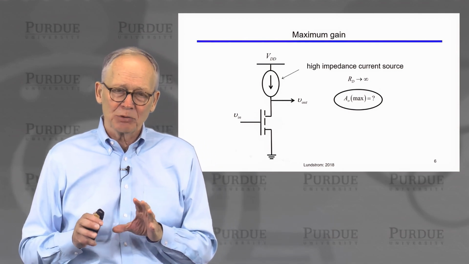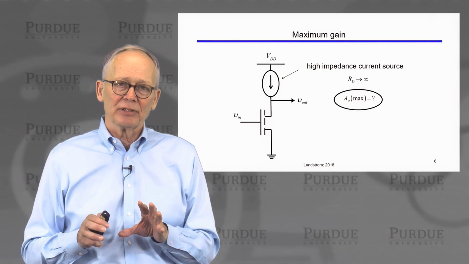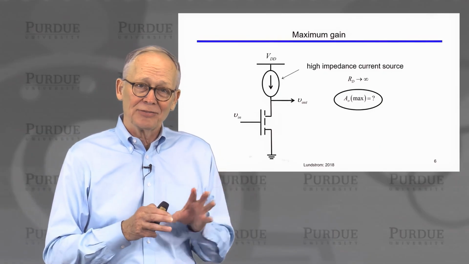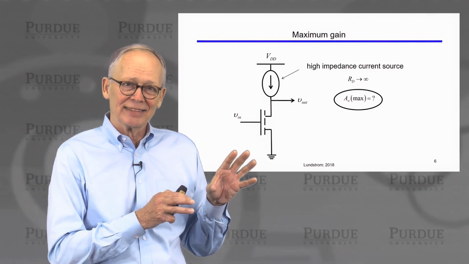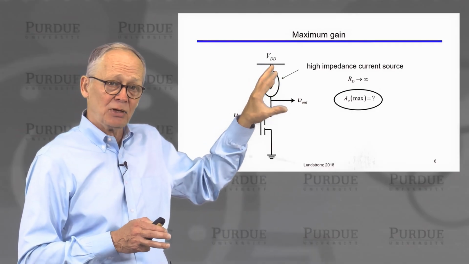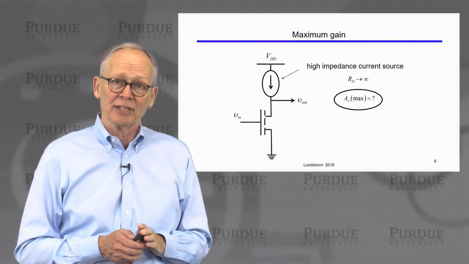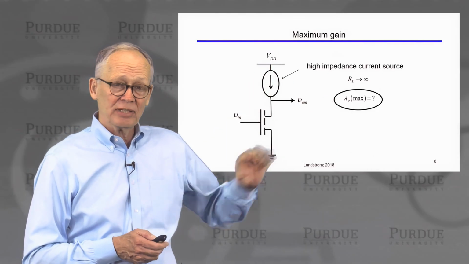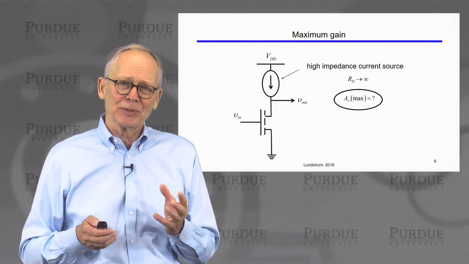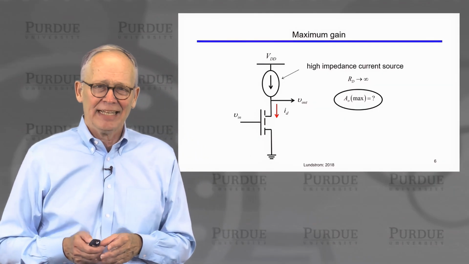So effectively, we're making that drain resistor in the previous circuit infinite. That wouldn't work for the DC biasing of the device, but if we implement this with a current source, then small signal wise, we can essentially have an infinite resistor there. And then the question that we have is, what is the gain? Well, the gain isn't infinite because we have to look in a little more detail at the transistor.